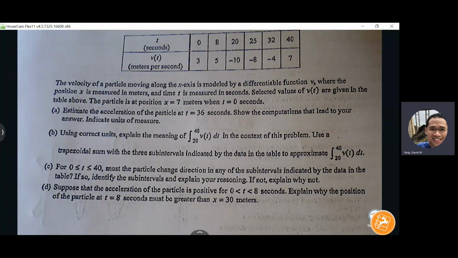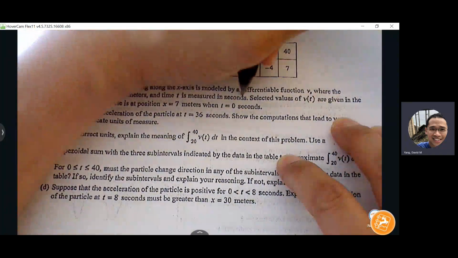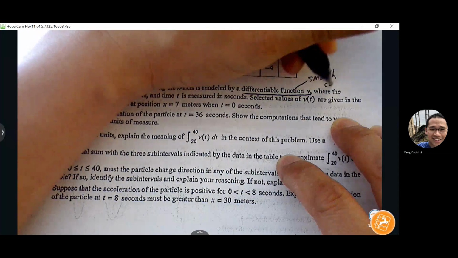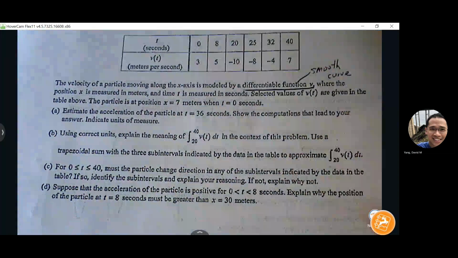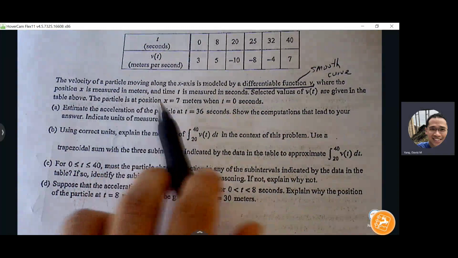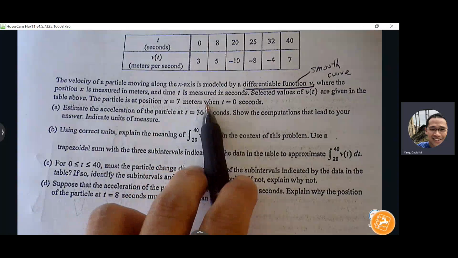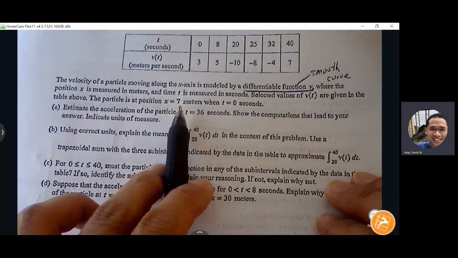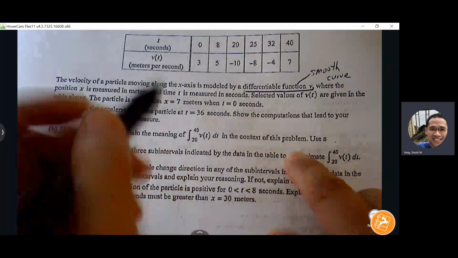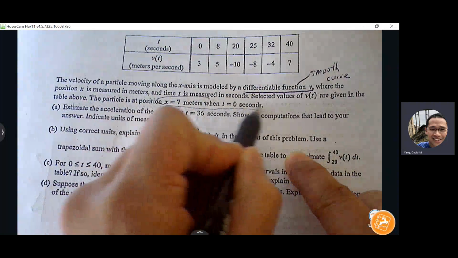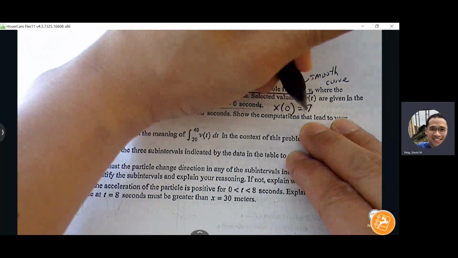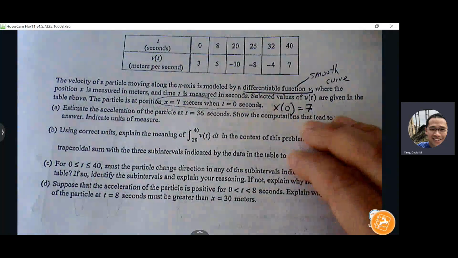Again, that just means a smooth curve, no sharp turns. Where position x is measured in meters, time t is measured in seconds. Select values of v of t are given. Particle is at position x 7 meters when t equals 0 seconds. So we can say that x of 0 equals 7 as a way of representing that in a more compact form.